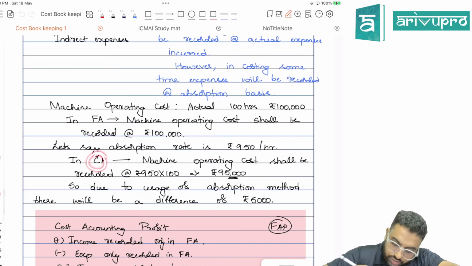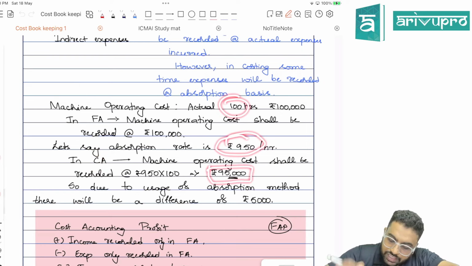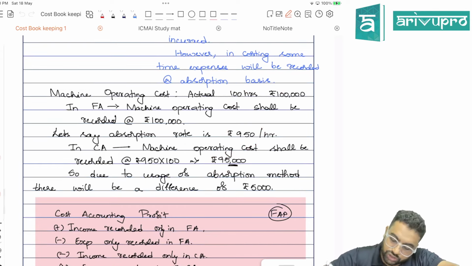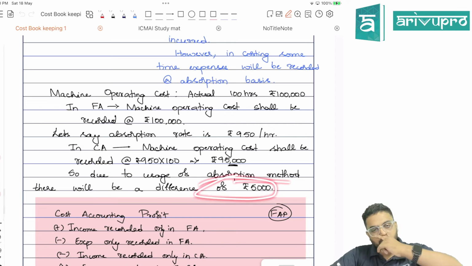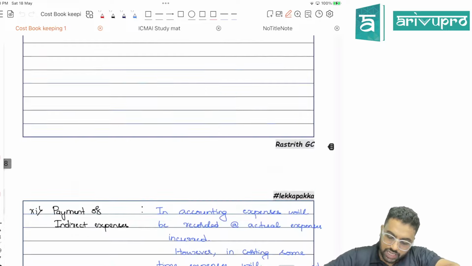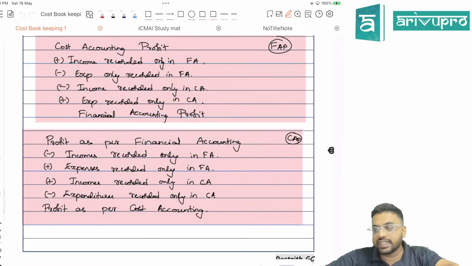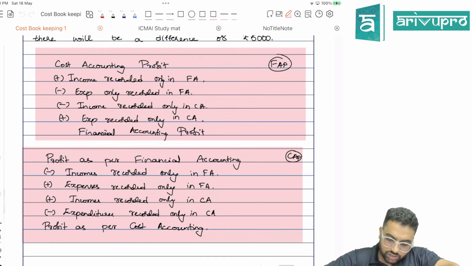In cost accounting records, how much will I record? 100 hours utilized into 950, which comes to 95,000. Actually I incurred 1 lakh and recovered 95,000, so under recovery. Due to the absorption method, there will be a difference of 5,000 in the profit. So these are certain causes why a difference comes between financial accounting and cost accounting.